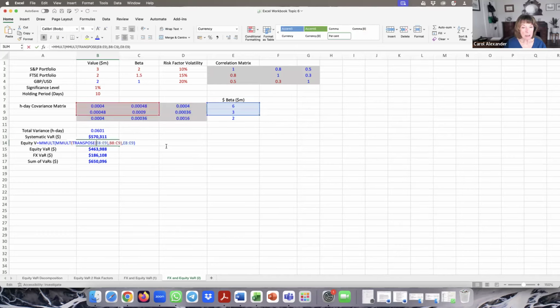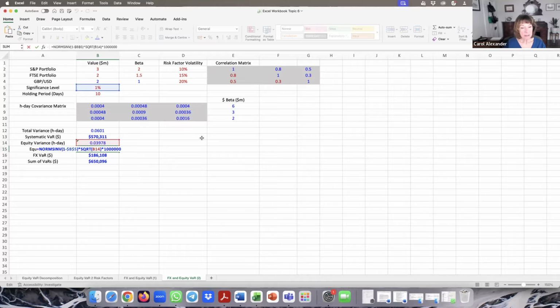Now, the equity part, you just partition the matrix and take the bit corresponding to the equity, and similarly for the beta, just the equity betas, and do the M mult that way. And again, you can just take the square root of the variance. It's already in H-day form.